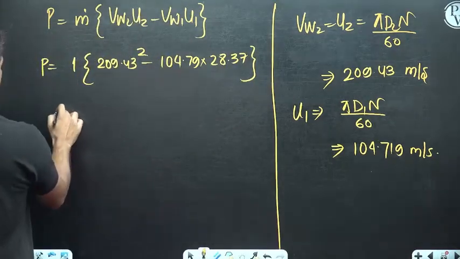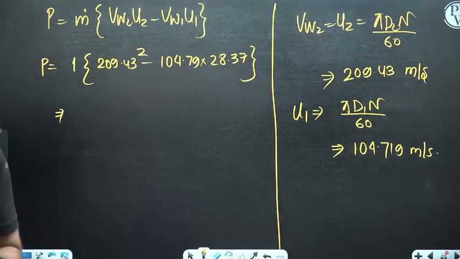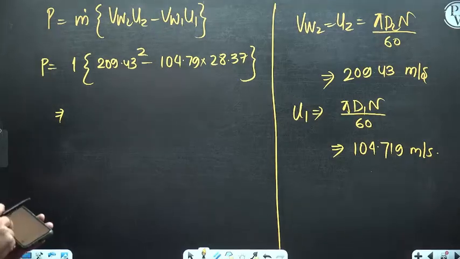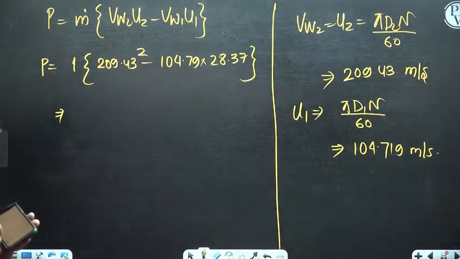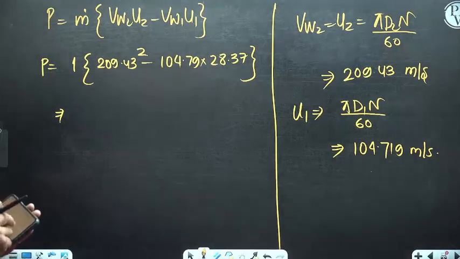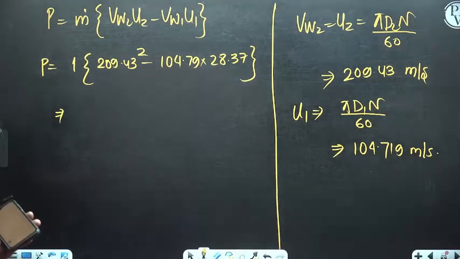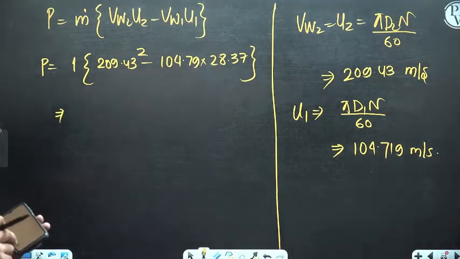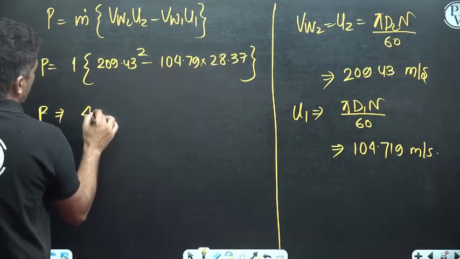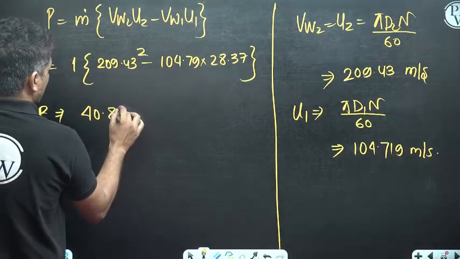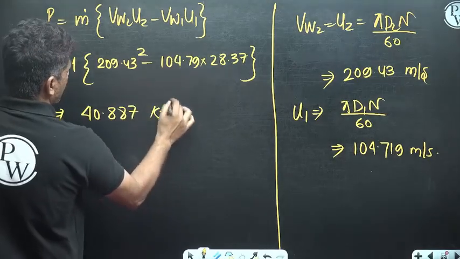So this will be your amount of work done. Multiplied by 104.79, minus 209.43 whole square, this is 40.887. So power will come out to be 40.887 kilojoule per kg.